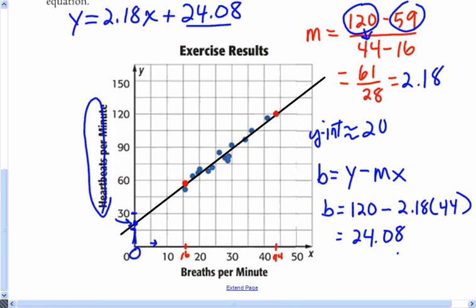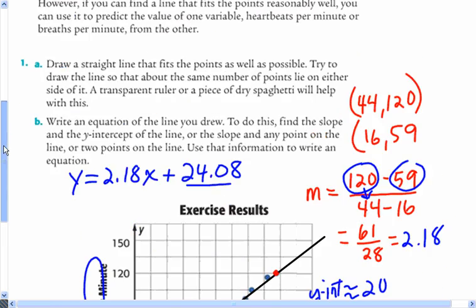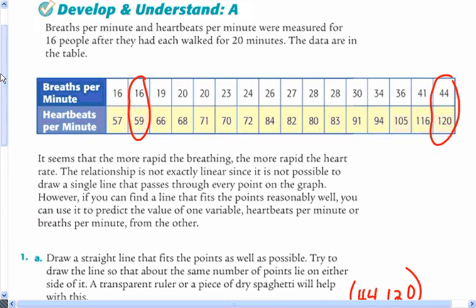All right, now that I have that, I can use that for some different things. Like, let's say I wanted to find an answer to something that wasn't in my data set. Let's say we recorded 25 breaths per minute, and we wanted to know their heartbeat.